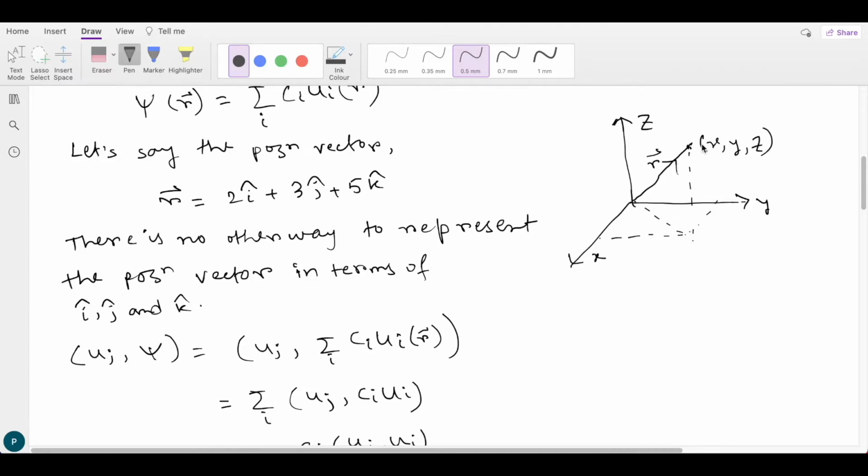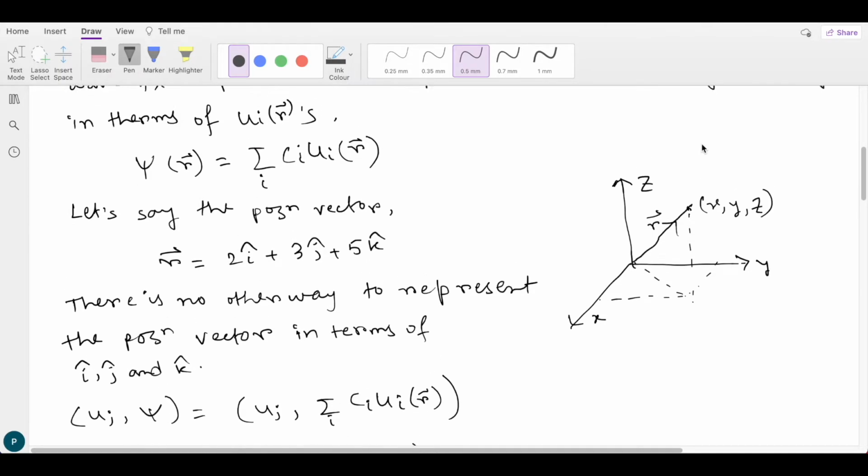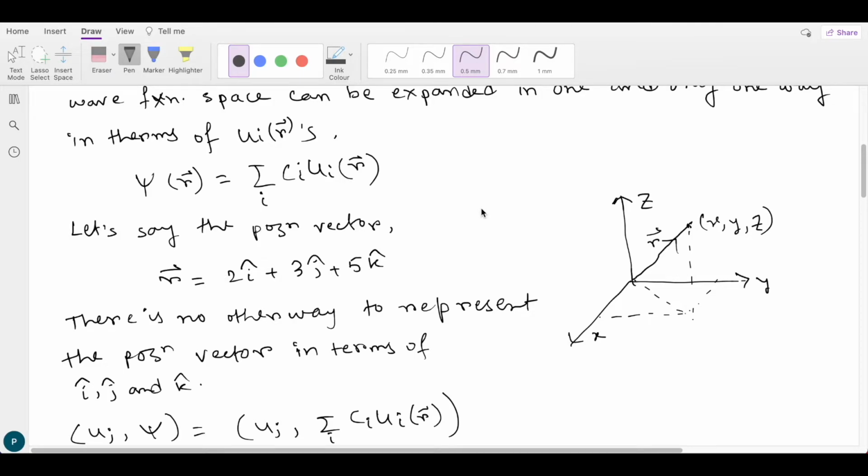So this position vector can be written as 2 i cap plus 3 j cap plus 5 k cap, as a linear combination of i, j and k. But there is no other way to represent it in terms of i, j, k. This is the only way. Similarly, if we can represent psi in one and only one way in terms of ui's, then ui's form a discrete set of orthonormal bases.